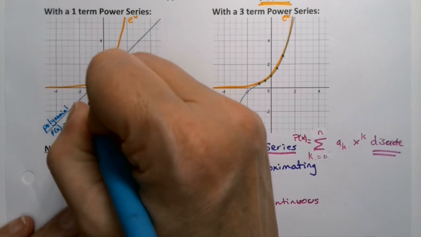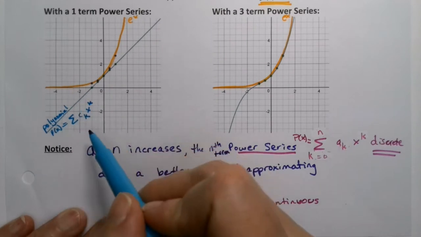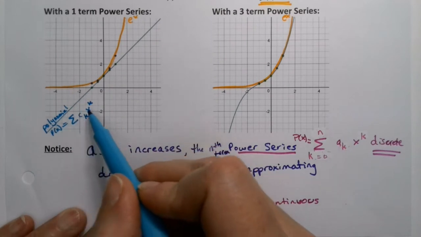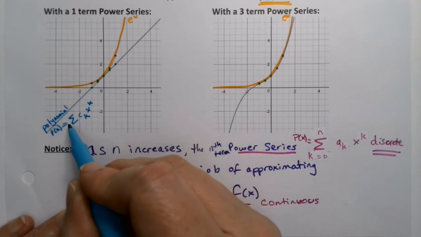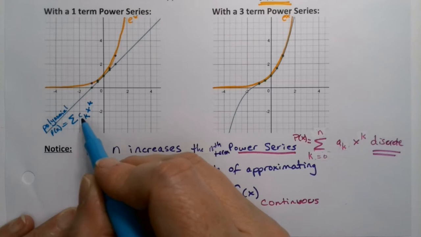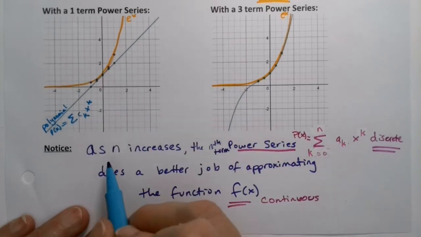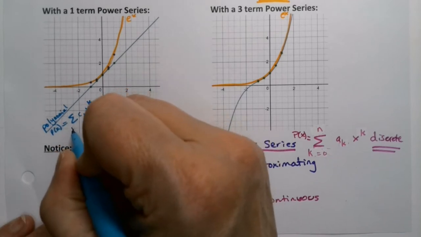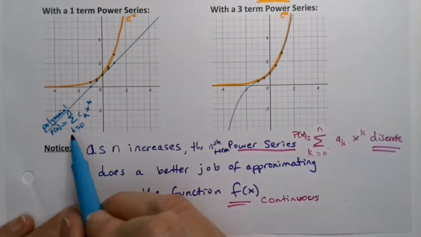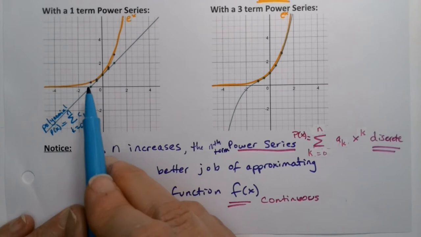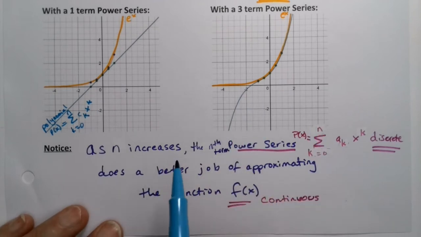So it'll have some polynomial that's built from this power series, and we'll restrict it, and it will do a better and better job as I let n increase, because I start at k equals 0 and I'm going to go to n. So as I let n increase from 1 to 3 to 7, that power series does a better and better job of approximating that function, but again, only for a particular window.